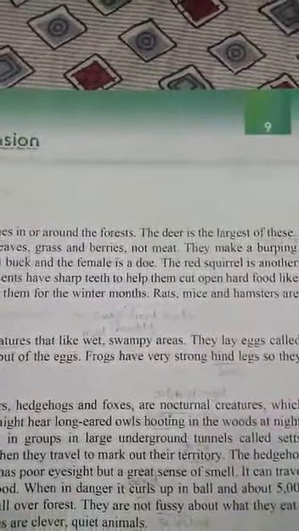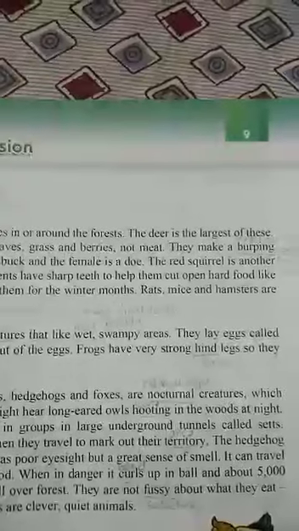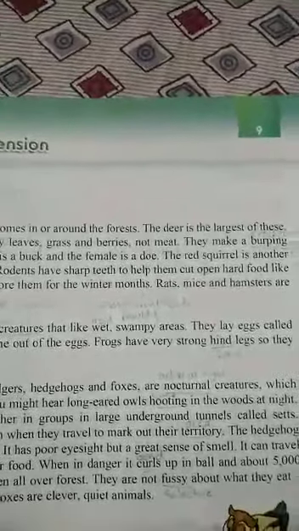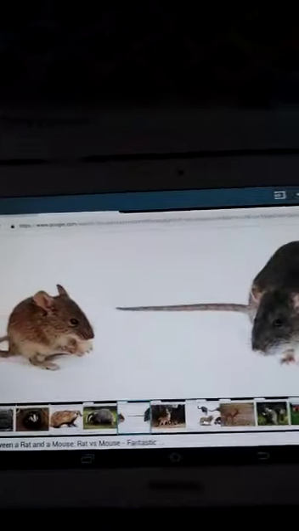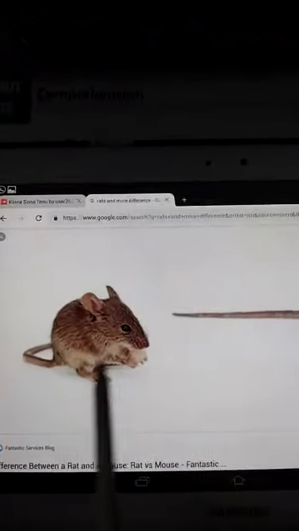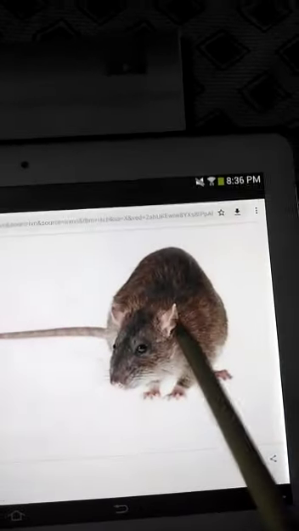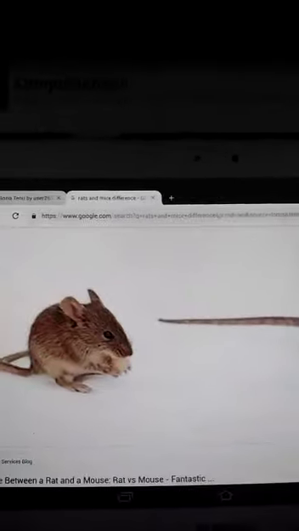Rats, mice, and hamsters are also rodents. Now some of the other rodents they are telling us about are rats, mice, and hamsters. Now I can show you the mice and the rat. There is a difference. A mouse is small and a rat is quite big as compared to mice.